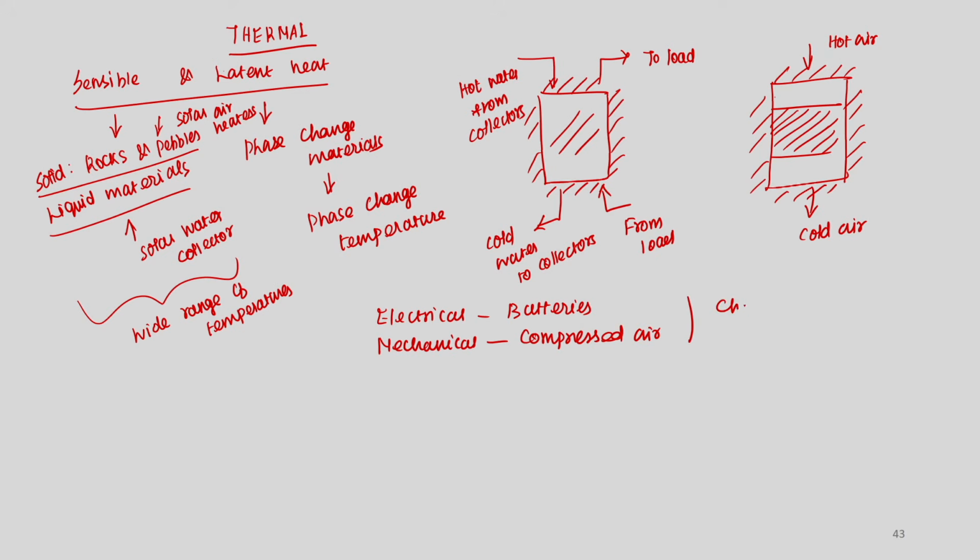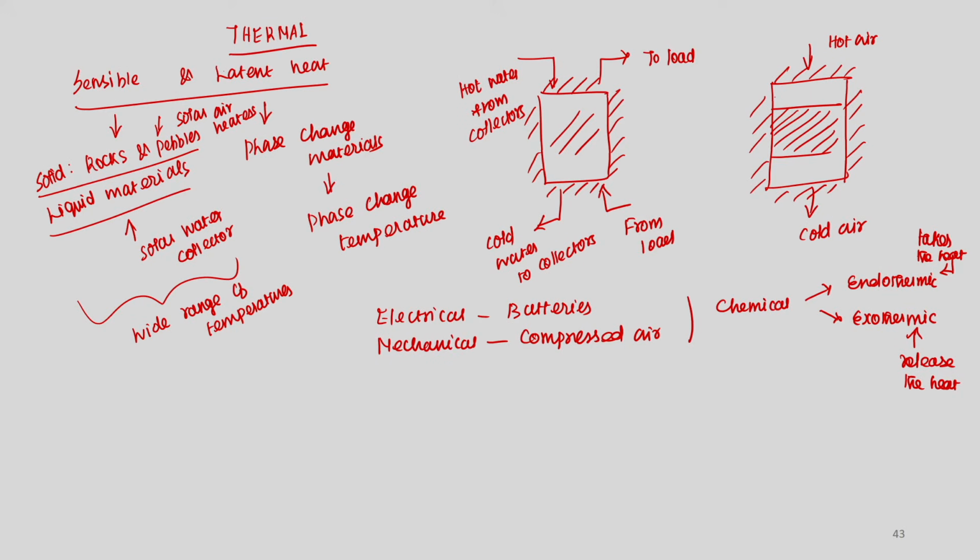In chemical storage you use the concept of endothermic and exothermic reactions. If the reaction is endothermic, you give the heat, and when the products convert back to the reactants, they release the heat. In that way you can store, take the heat and release the heat.